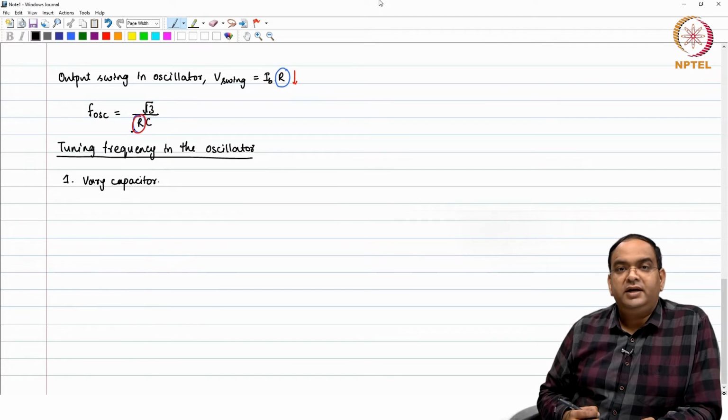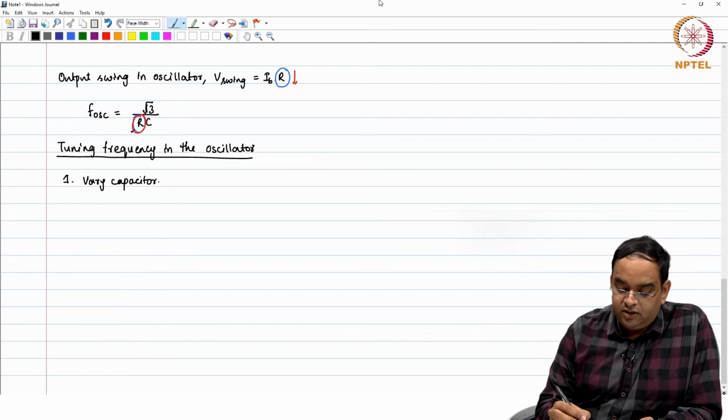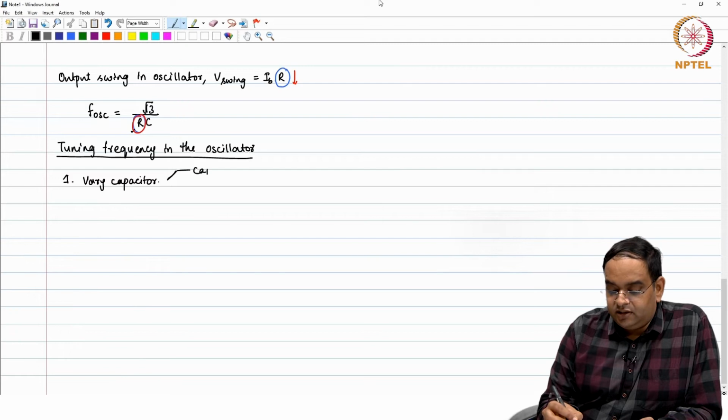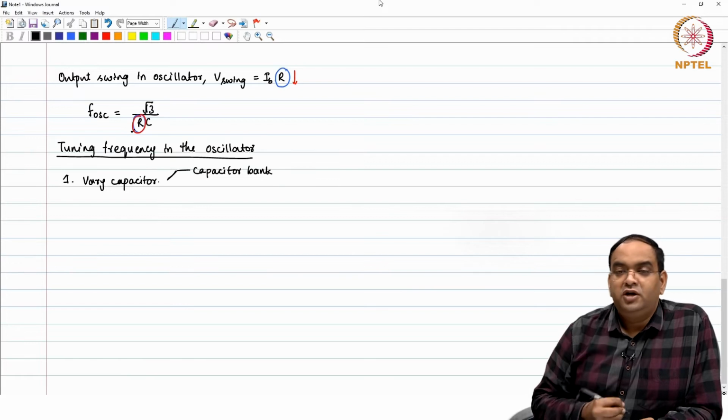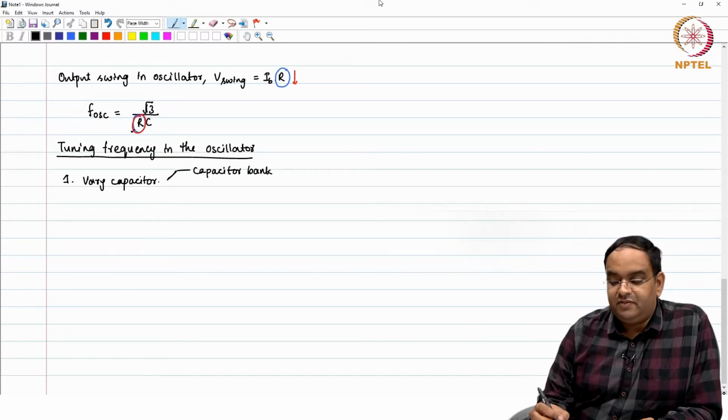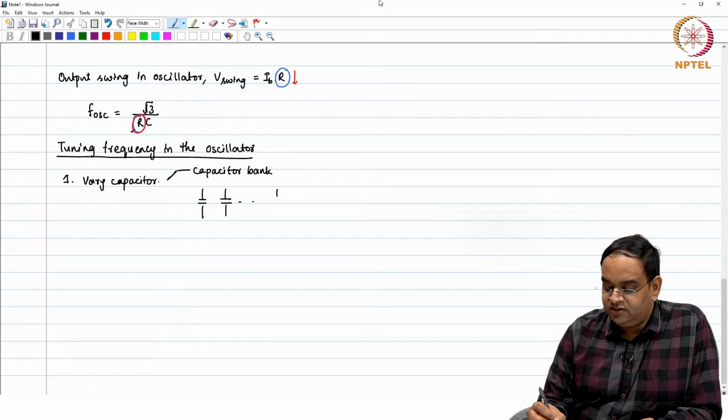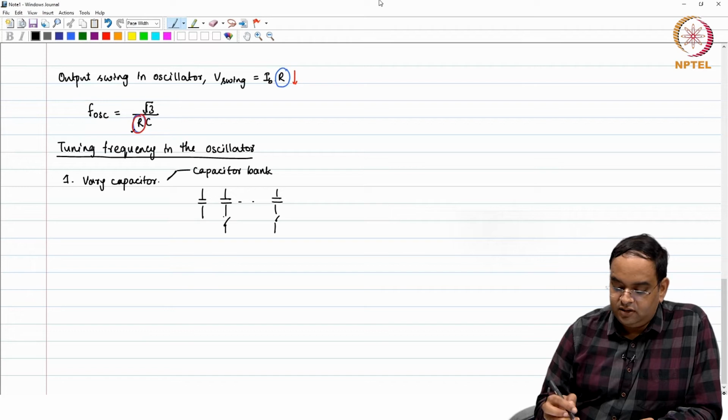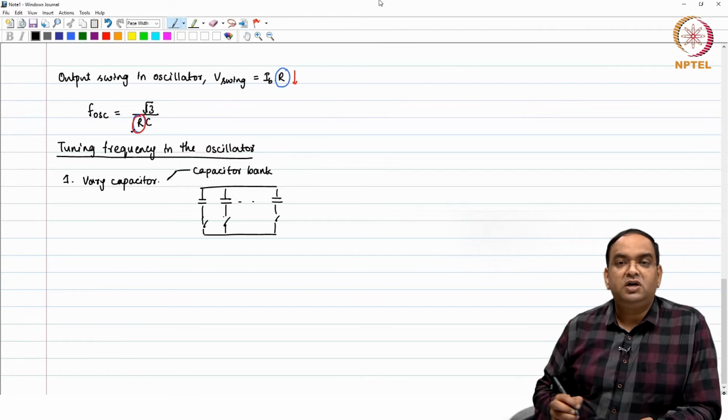This particular technique is used to vary the output frequency, but quite often a capacitor bank is used to vary the frequency. A capacitor bank means that you have multiple capacitors connected with switches, and you switch in these capacitors, depending on the frequency which you want, between your output nodes.